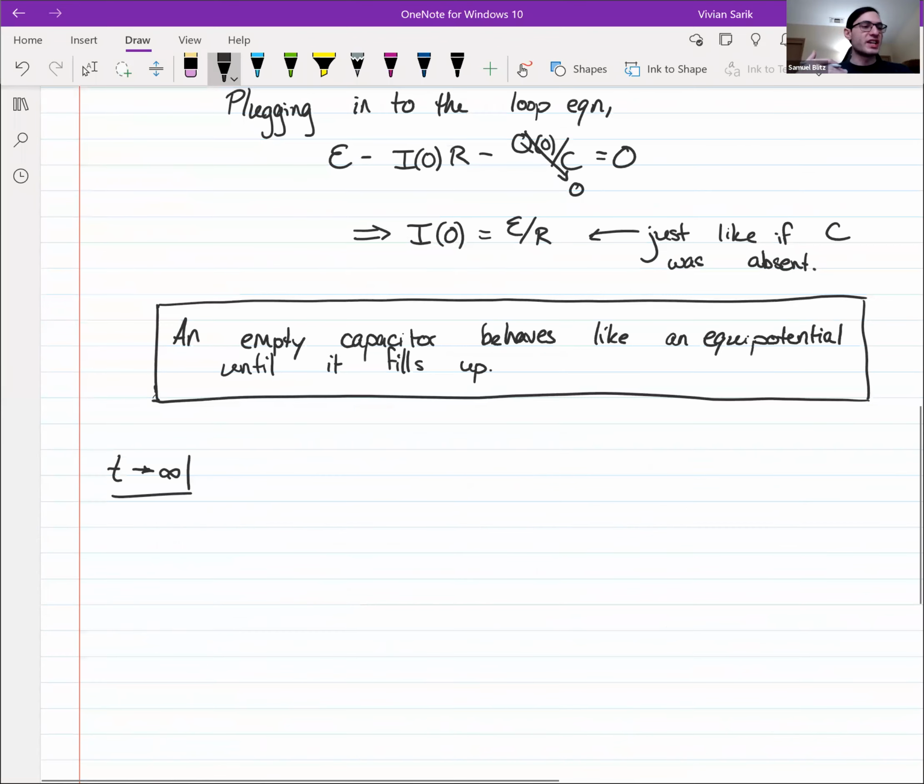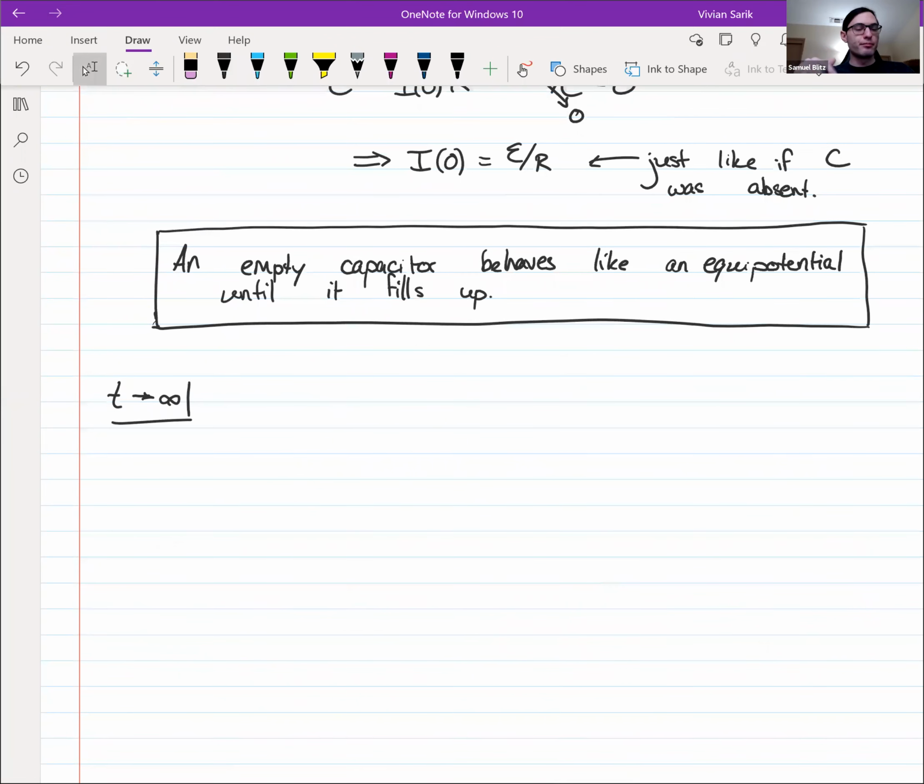This is all just to say that the voltage difference across the capacitor will have grown so much that the charges can't stick to the plates. Think that you have a whole bunch of positive charges on one of the plates. If you have so many positive charges, you would need more energy than is available to take another positive charge and add it to that plate, because those positive charges repel each other.